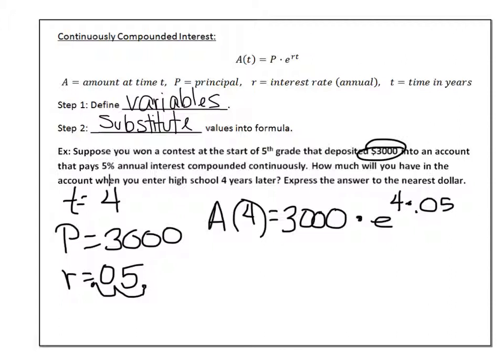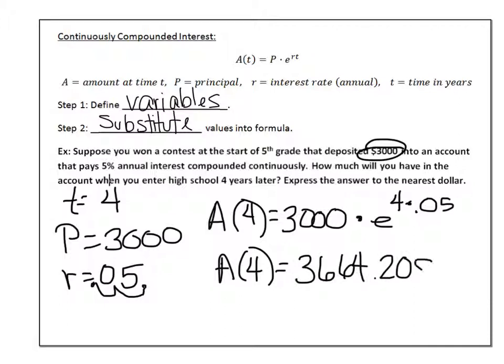So you're going to go 4 times 0.05 and then hit your e button, whether it's e or second e, and then times 3,000. And you should have ended up with 3,664.208274, and so on.